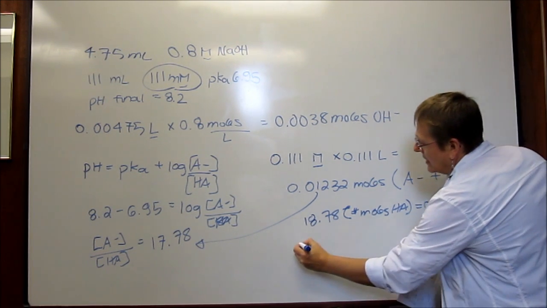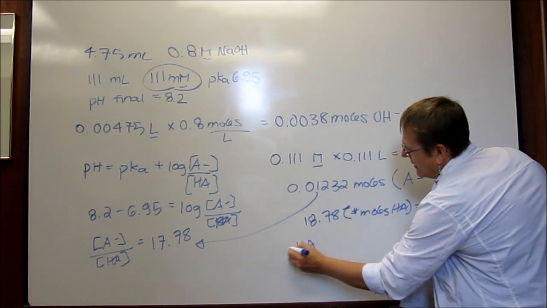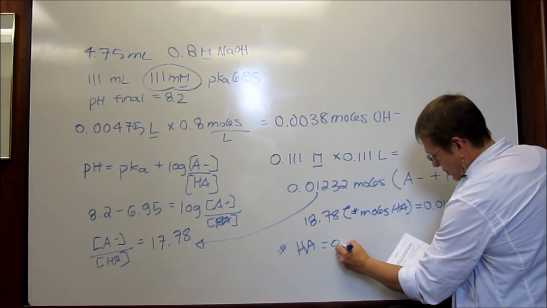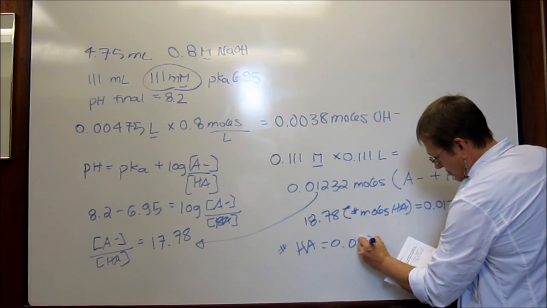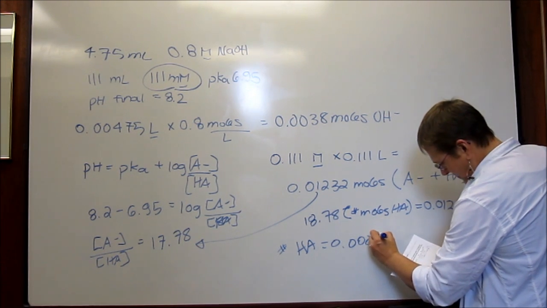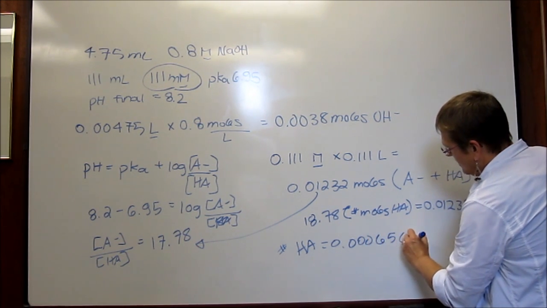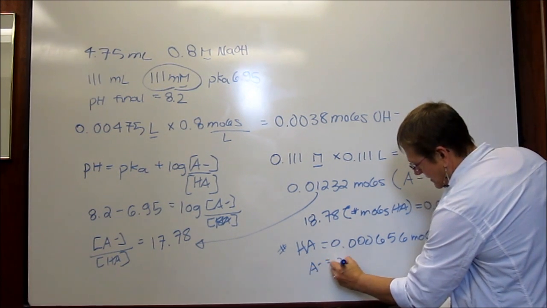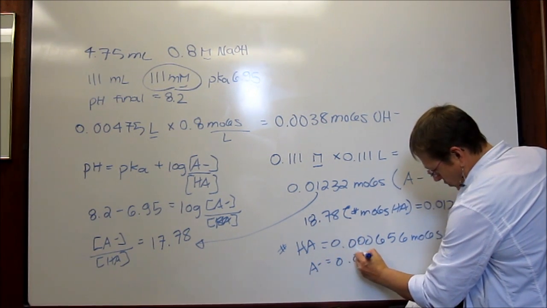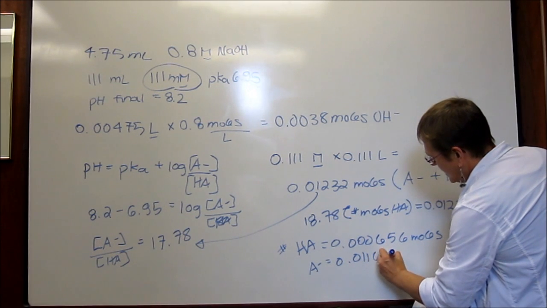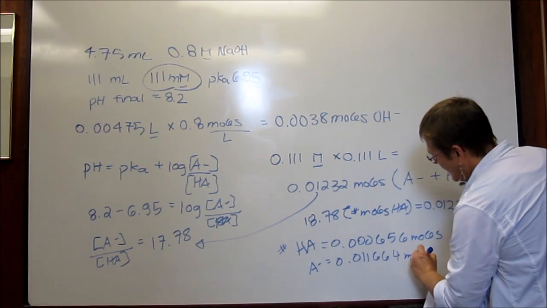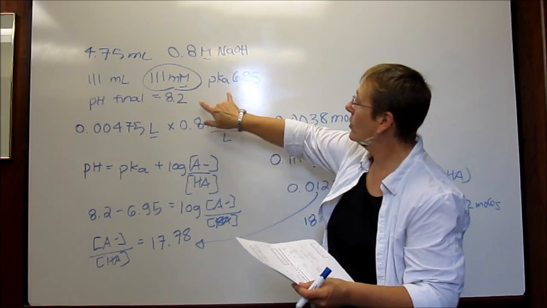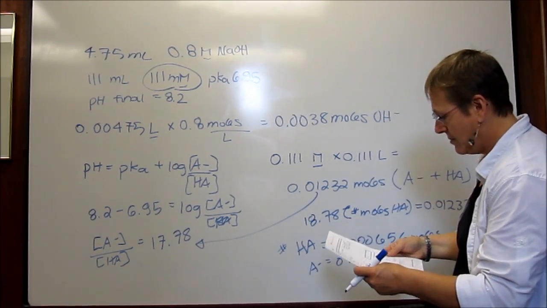And that gives us a number of moles of HA of 0.000656, if I can read my handwriting, moles. And the rest is A-, and that is 0.011664 moles. This makes sense because we're quite a bit above the pKa here, so they should be mostly in the A-.